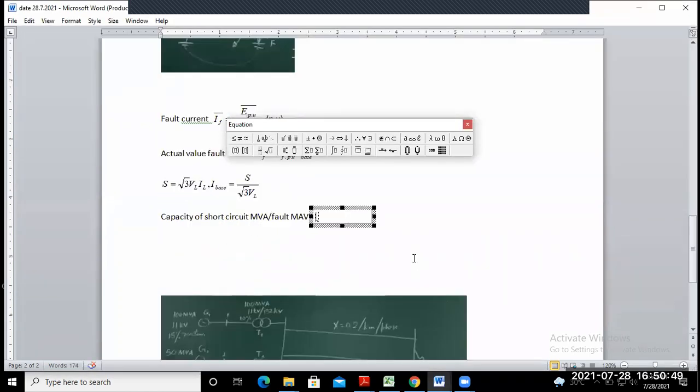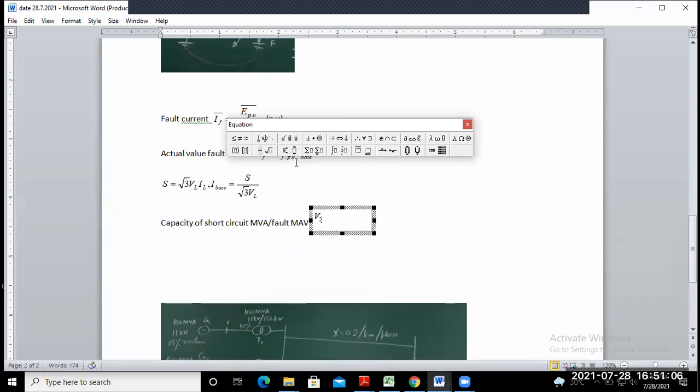What is the unit of MVA? Voltage into current. M is 10 to the power 6, so the main unit is ampere and volt.